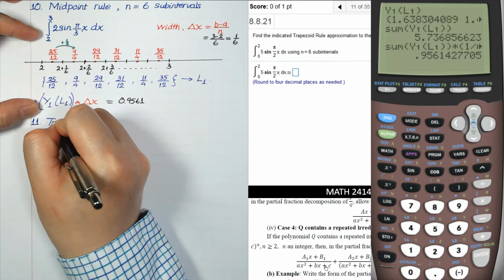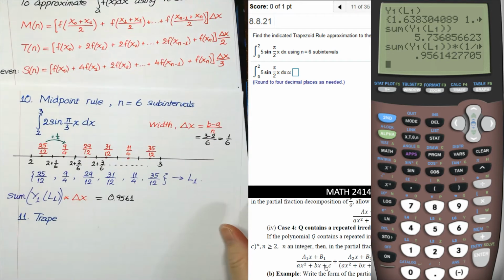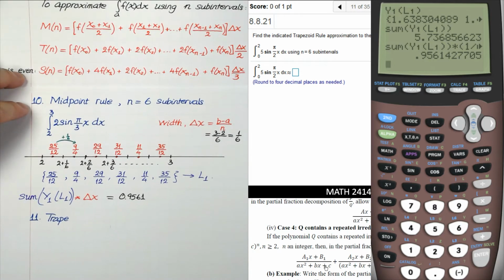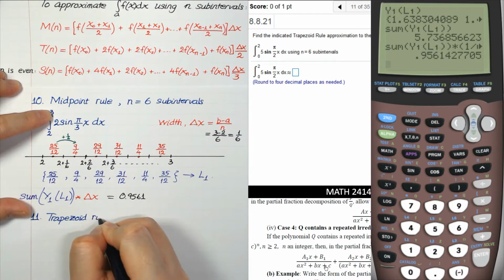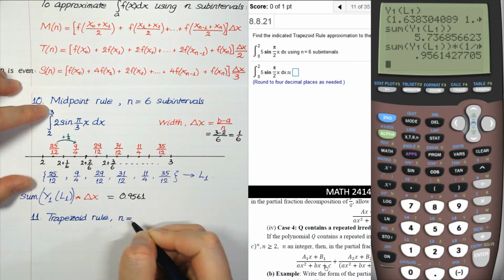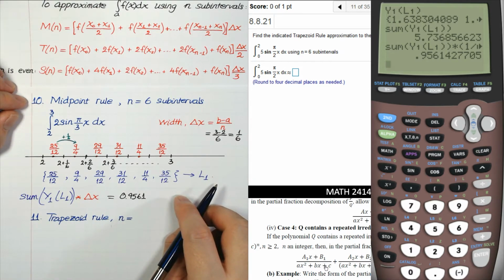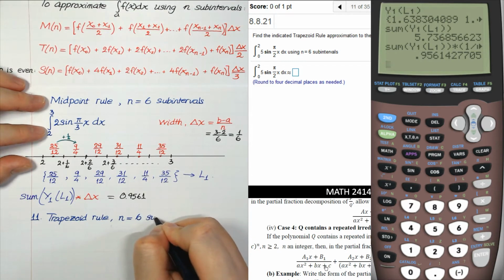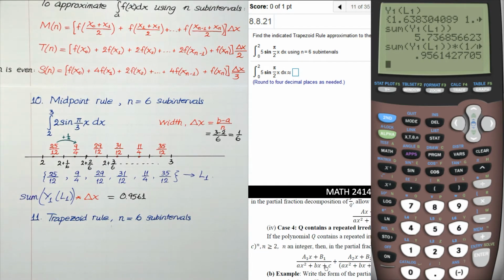Trapezoid rule. I'm going to leave all the formulas there. Trapezoid rule for n equal to 6.